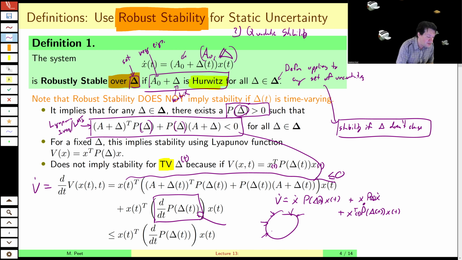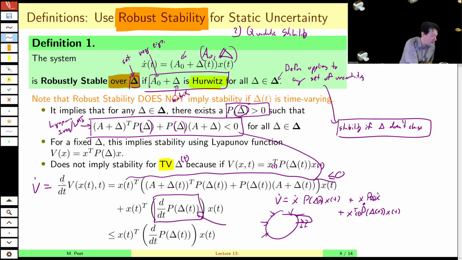So that's a weird thing to do. Even though these trajectories are converging, the Lyapunov function may change its shape, so now maybe these trajectories are leaving. So this is a problem.